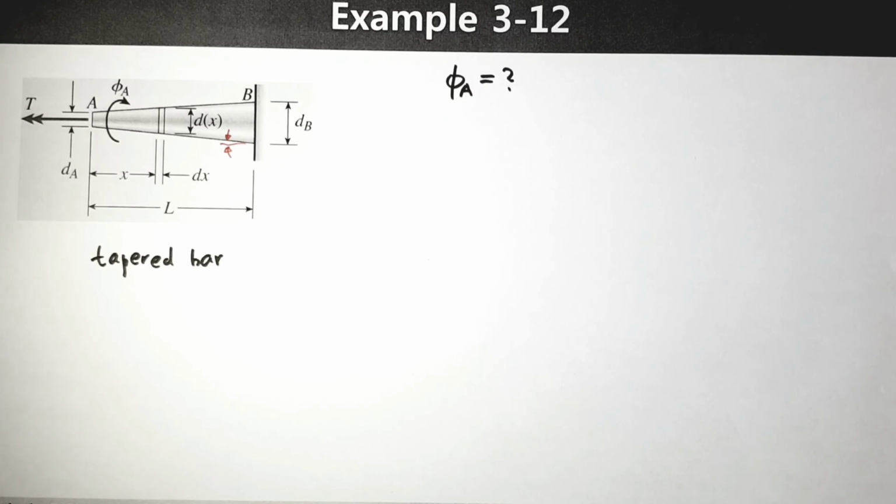We assume a tapered bar, the change of angle is very small, the material itself is homogeneous and uniform, and its dimensions are given. In order to solve this kind of problem, you can think of strain energy. The work by torque T is the same as the stored strain energy.